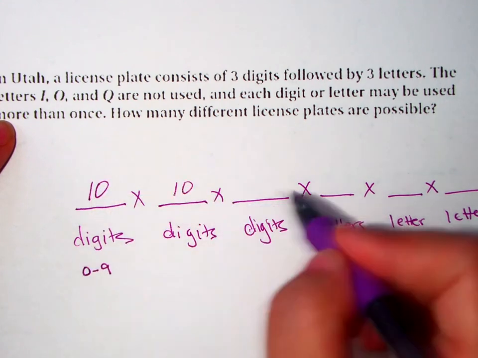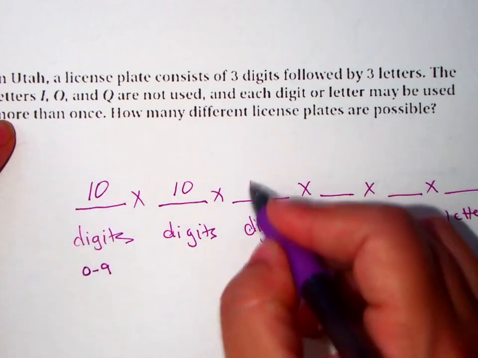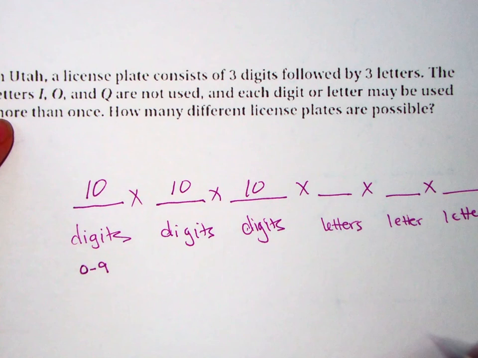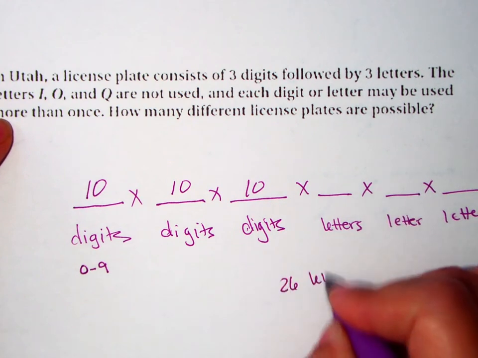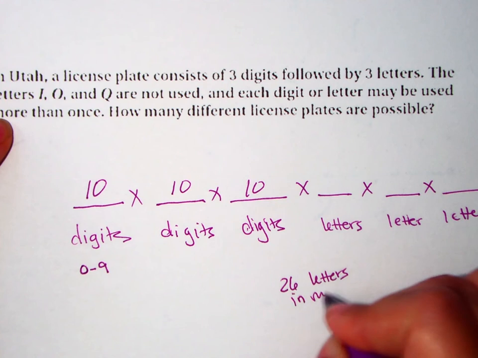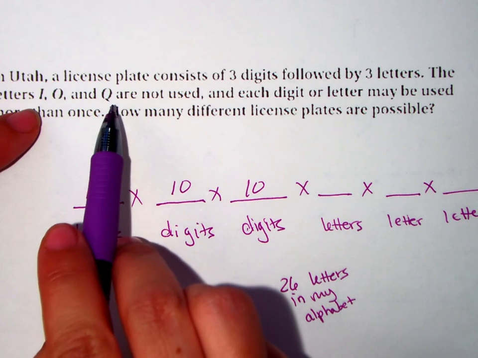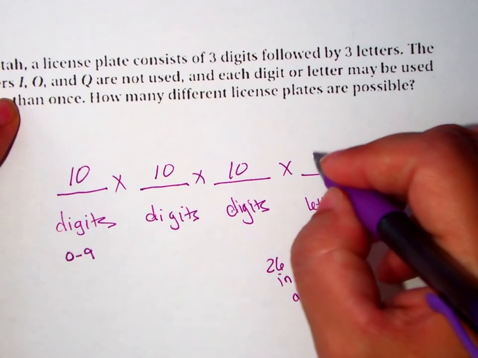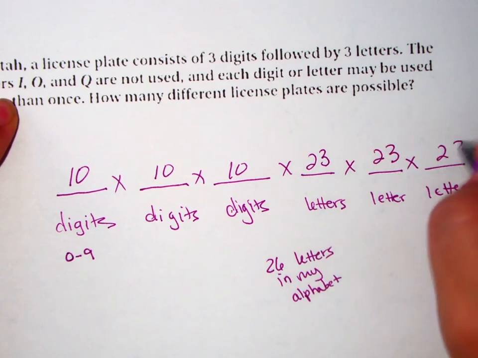So in all of these, because they said a digit or letter may be used more than once, these are all 10 digits. Letters. So you would normally say, okay, well, there are 26 letters in my alphabet. But I cannot use I, O, or Q. So I'm taking 3 away. So my letter options are going to be 23, 23, and 23.